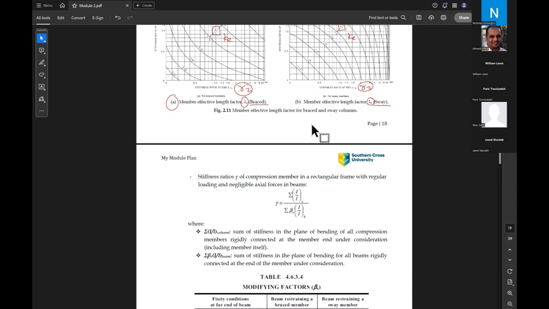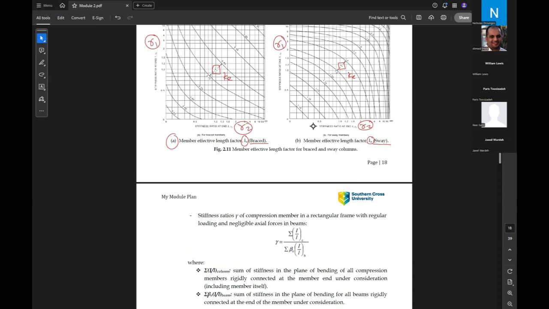Okay, so to use the chart, you need to find gamma 1 and gamma 2 to get the value of K effective. So how do we find gamma 1 and gamma 2, and what are they?